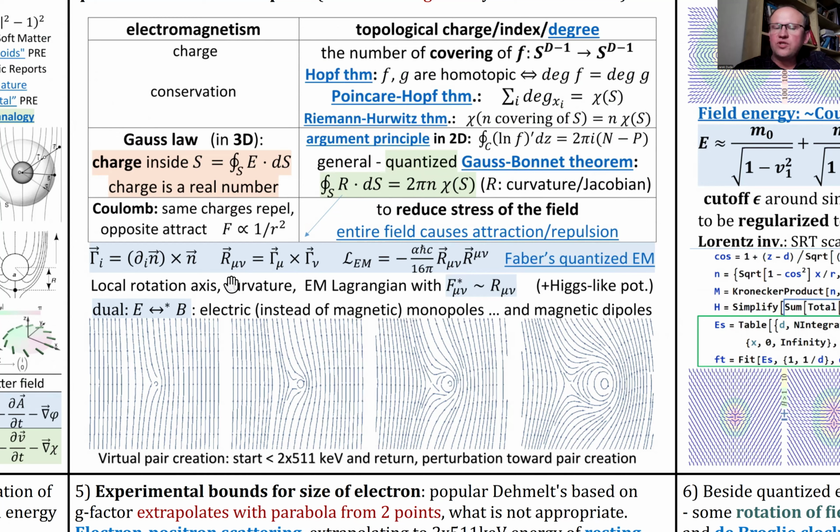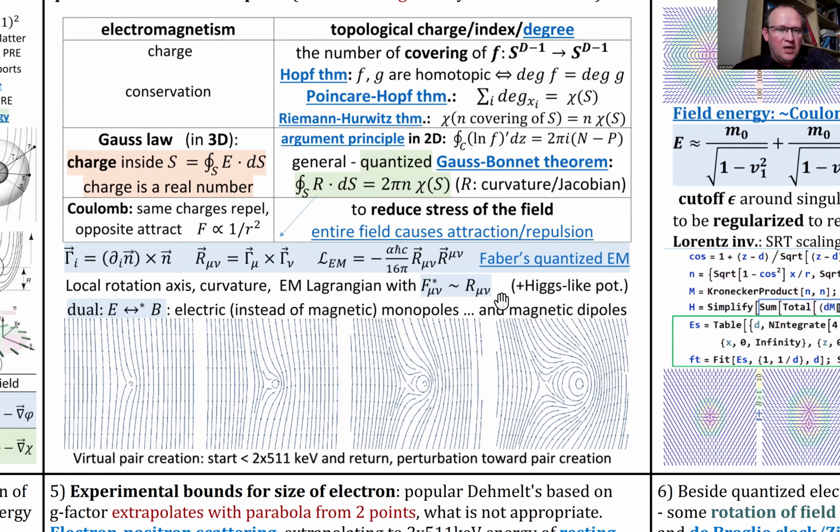Now we would like to interpret this curvature as the dual F tensor, more precisely, to get electric monopoles, not magnetic as often. And for this F tensor as curvature, we use the standard Lagrangian of electromagnetism. This way we get electromagnetism with built-in charge quantization as topological. So this is Manfred Faber's approach.